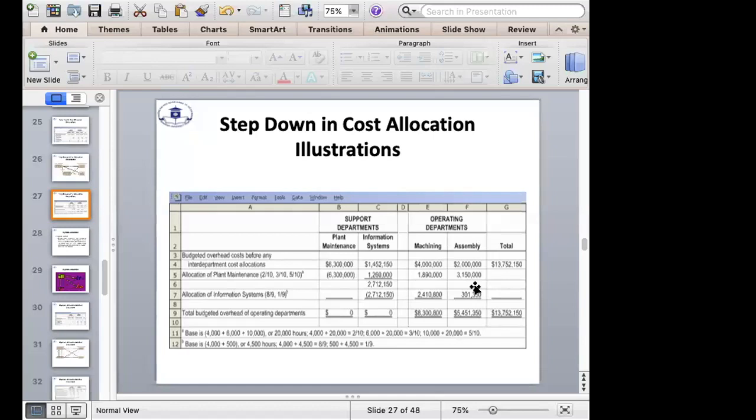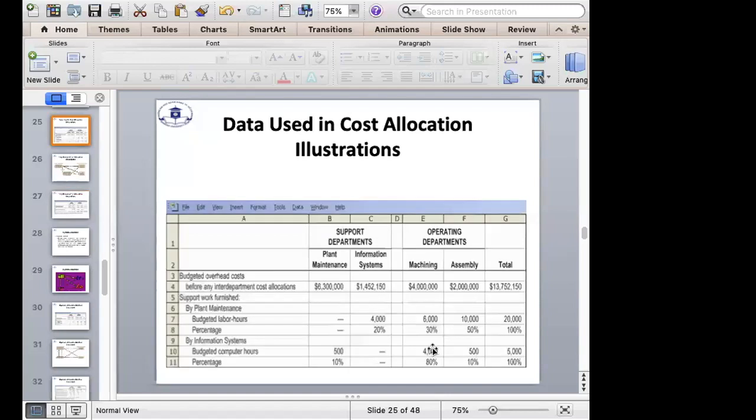All right, what will be the base? The base will be exactly the same as the direct distribution method. Why? Because of course you don't have to allocate this number here, because you are not providing services to here. You are only providing service here and here. So what is the base? Of course, 4,000 plus 500, which is 4,500. Because as you know, this department is providing 4,000 hours and 500 hours here.